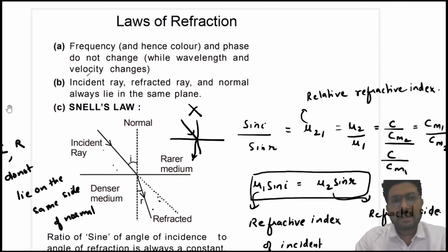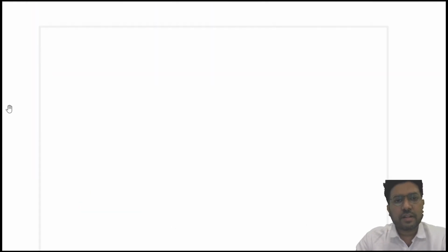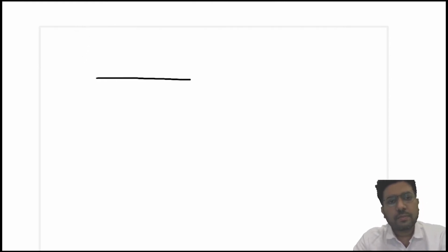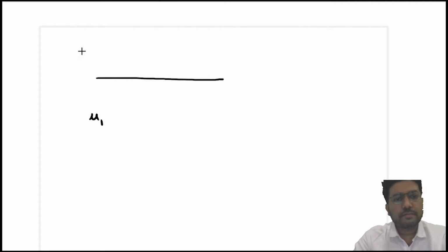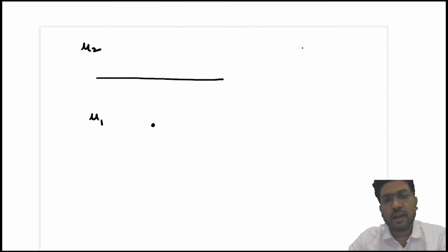Now coming back to total internal reflection, let us discuss one situation. Suppose this is a medium, this is mu1, this is mu2, and there is an object in medium mu1, and it is given that mu1 is greater than mu2.